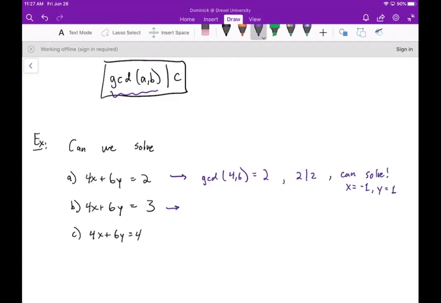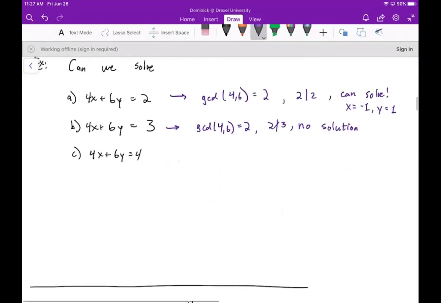For part B, again, the GCD of 4 and 6 is still 2, but 2 does not divide 3, so there's no solution. And again, no integer solutions. You could make x 0 and y 1/2, and that would satisfy this, but we're just considering the integer solutions. And then the last one, we know that the GCD is 2, and 2 does divide 4, so we can solve this one. It's not hard to see that x is equal to 1 and y is equal to 0 is a solution.